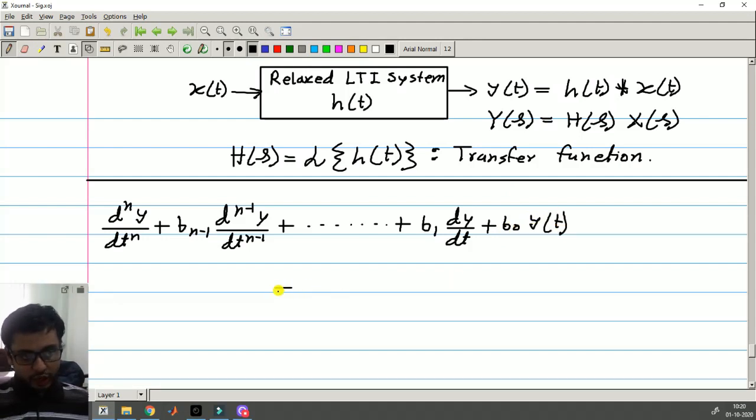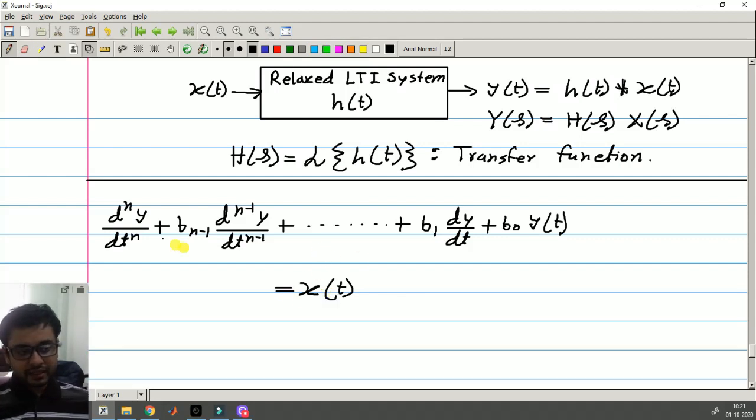This is equal to input x. So this is the standard form of linear ODE relating the output y and input x of many LTI systems. We have studied this before.